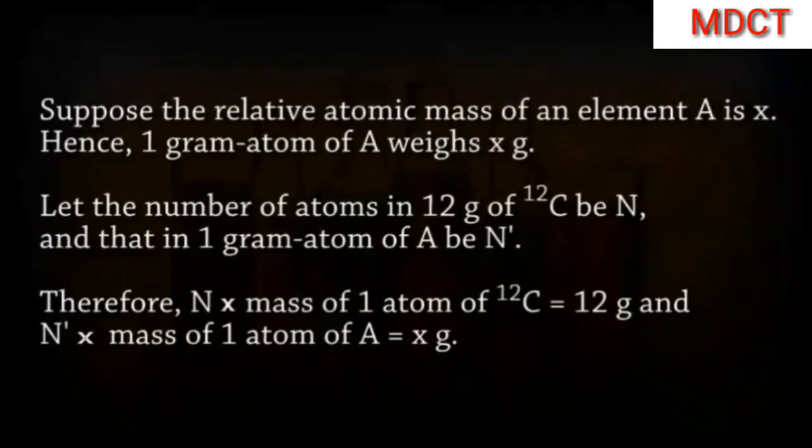Let the number of atoms in 12 grams of carbon 12 be N, and that in 1 gram atom of A be N'. Therefore, N into mass of 1 atom of carbon 12 is equal to 12 grams, and N' into mass of 1 atom of A is equal to X grams.